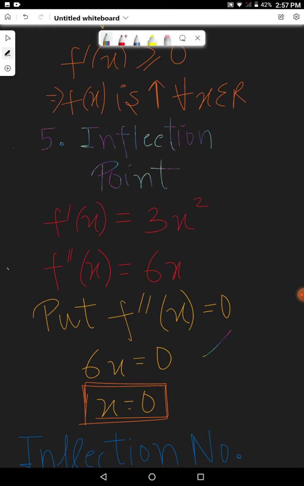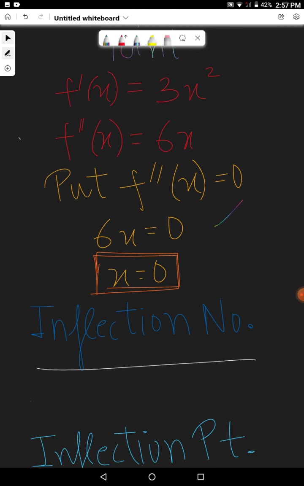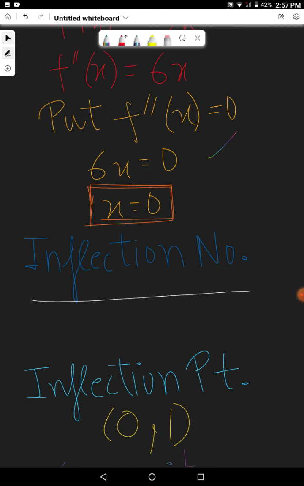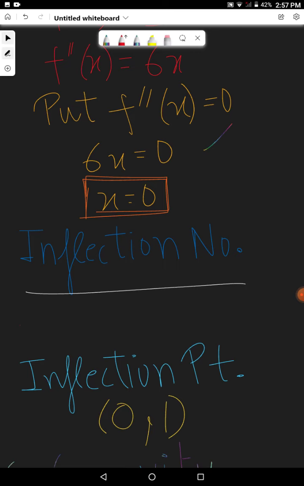Now there's one thing which you need to understand, that x equal to 0 is the inflection number and not the inflection point. So there is a difference between inflection number and inflection point. If you are taking just the value of x equal to 0, this would be our inflection number.